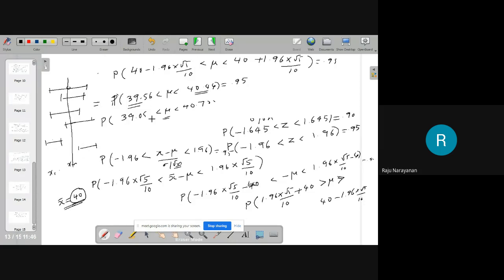This is the method of confidence intervals. This method is called interval estimation. I prefer interval estimation to point estimation, because in point estimation you are suggesting only one value. That value may be an estimate, and if it is good, we are lucky.